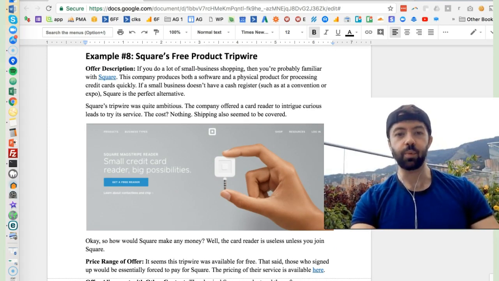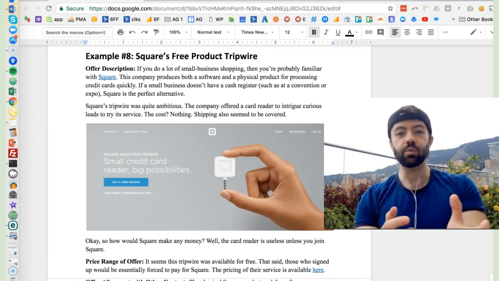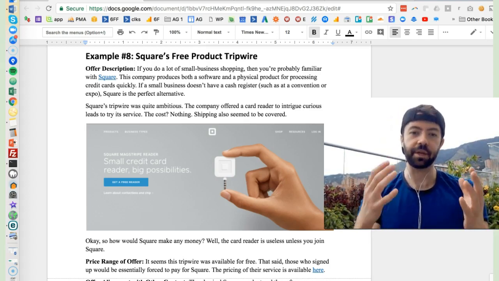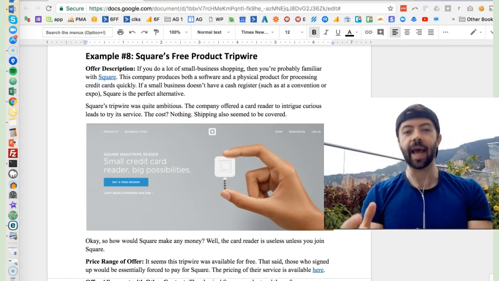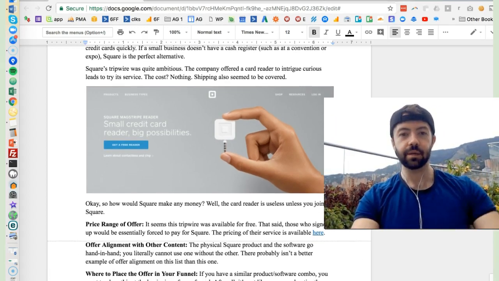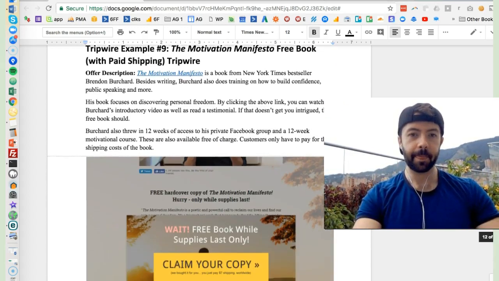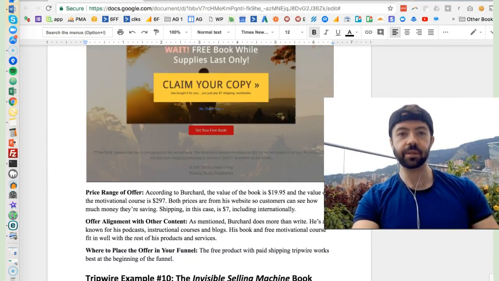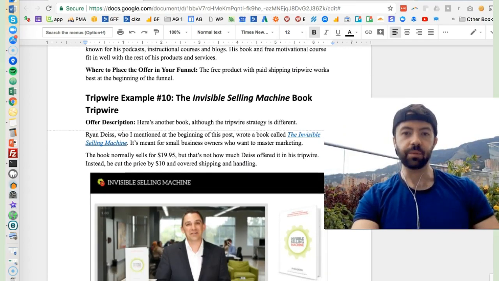Square's free product Tripwire. So you may remember Square, they're still pretty popular with physical retailers, offering to actually send out their processing device for free. And the Motivation Manifesto, the Invisible Selling Machine from Ryan Deiss.